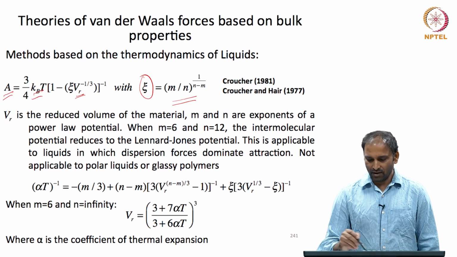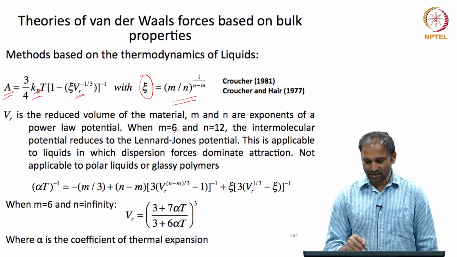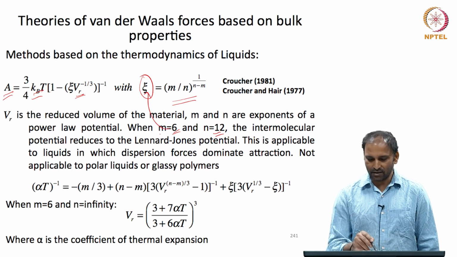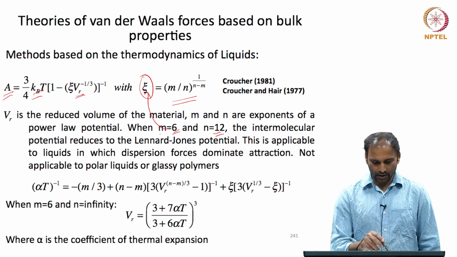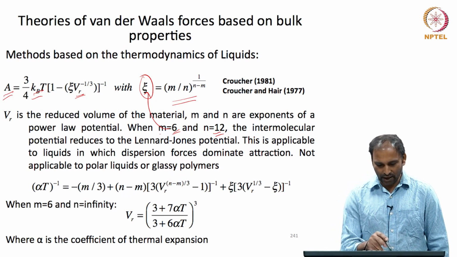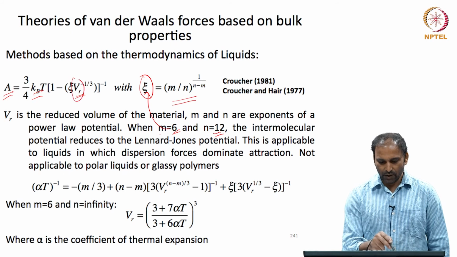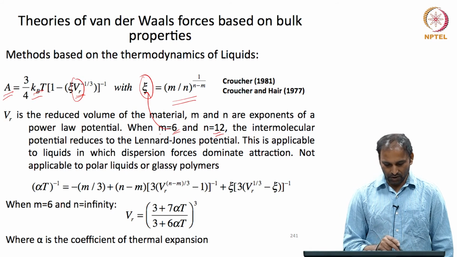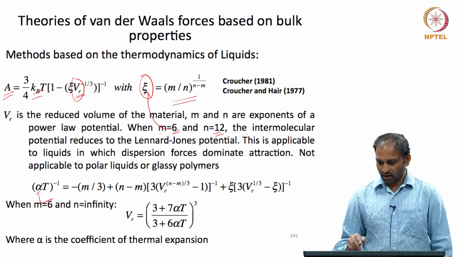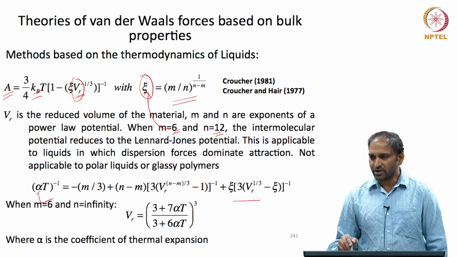Typically Lennard-Jones potential is an example of a 6-12 potential, where m is equal to 6 and n is equal to 12. From that I can get this parameter, and there are also expressions where I can relate V_R, which is the reduced volume, to the coefficient of thermal expansion and other measurable properties.